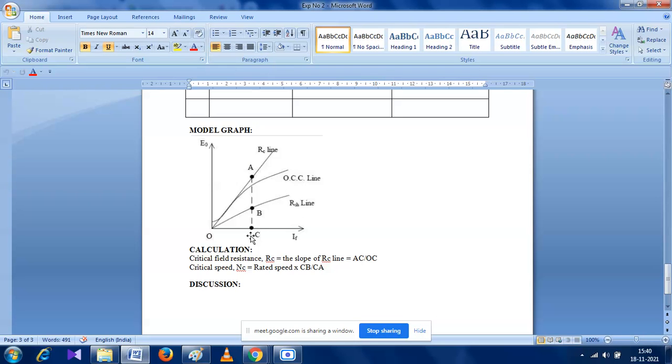ऐसा ही एक ग्राफ आएगा, बोलिए। आएगा ना? आएगा कि नहीं? वो जो ग्राफ मैंने ड्रॉ किया वो ऐसा ही है कि नहीं?